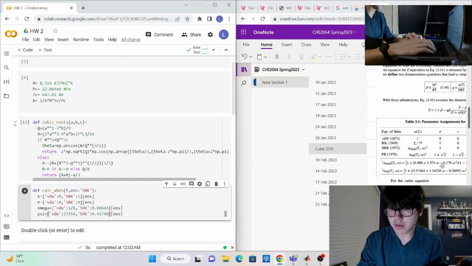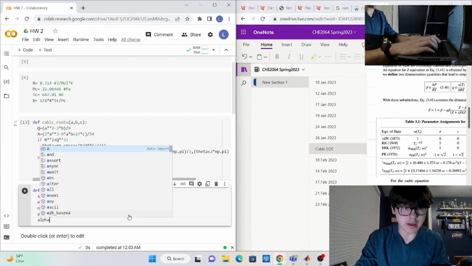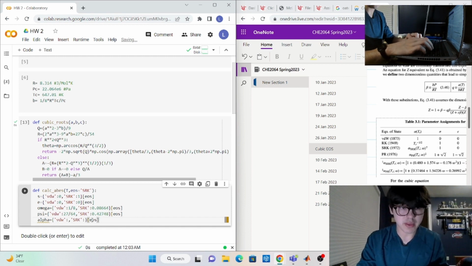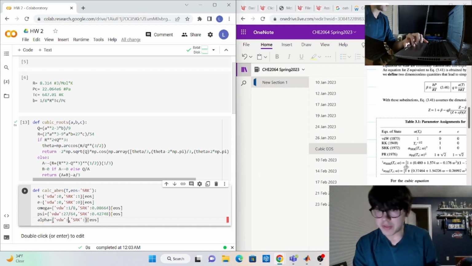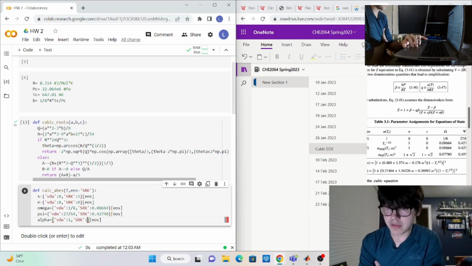And then alpha here, same thing: van der Waals, we have 1, and for this SRK expression, we have a function for the value of alpha.